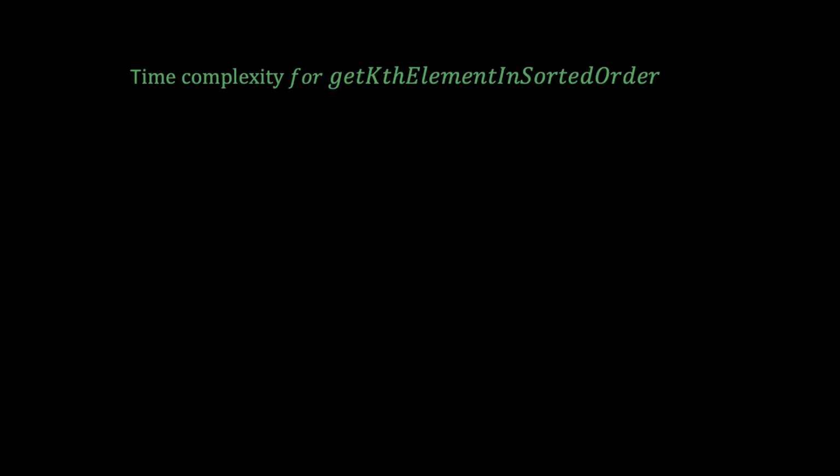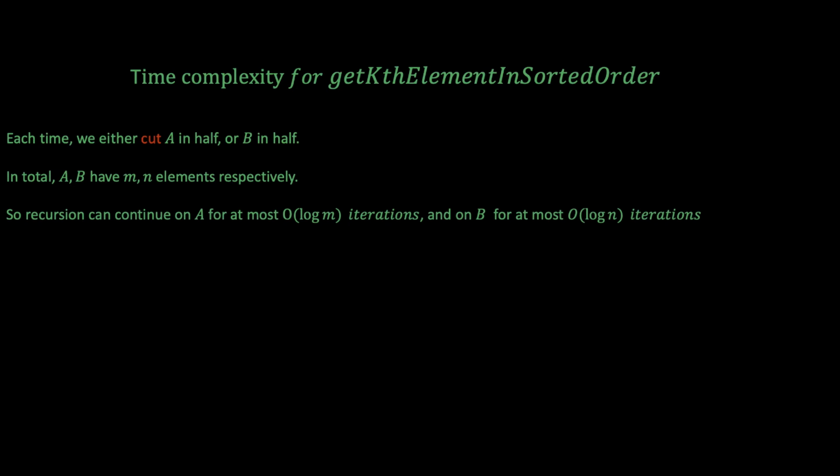As for the time complexity, each time we either cut A in half or cut B in half. In total, A and B have M and N elements respectively. So the recursion can continue cutting A for at most O(log M) iterations, and cutting B for at most O(log N) iterations.